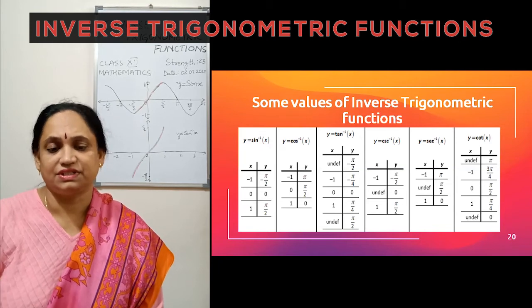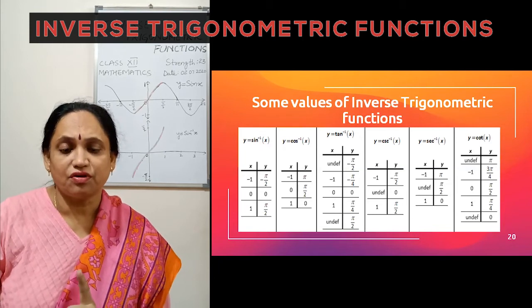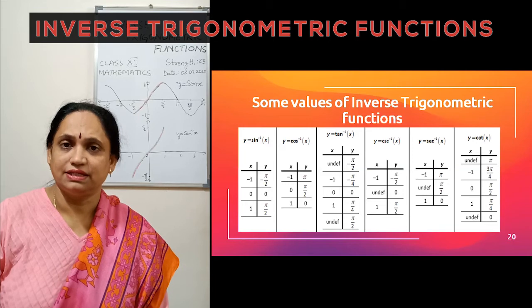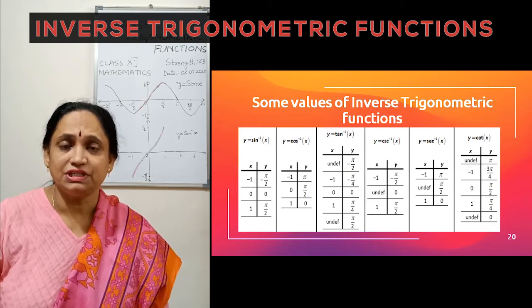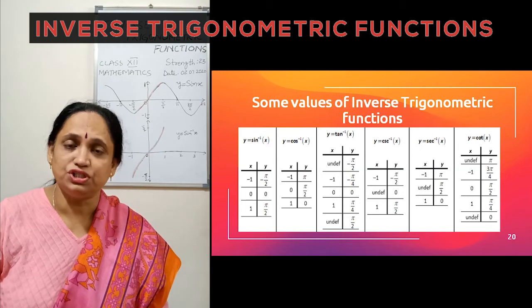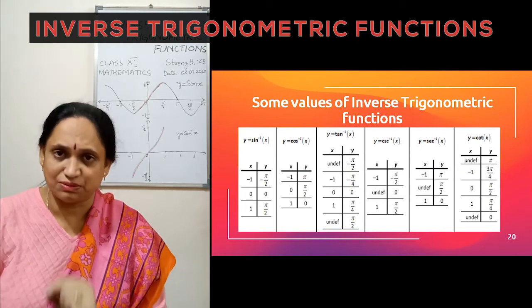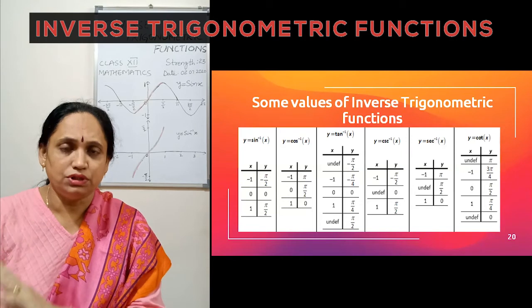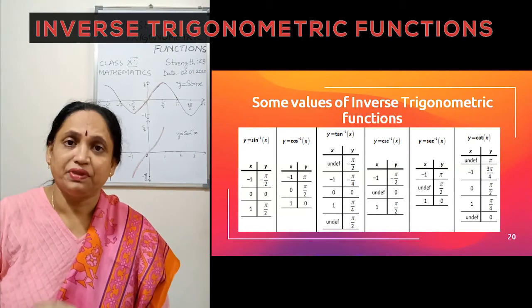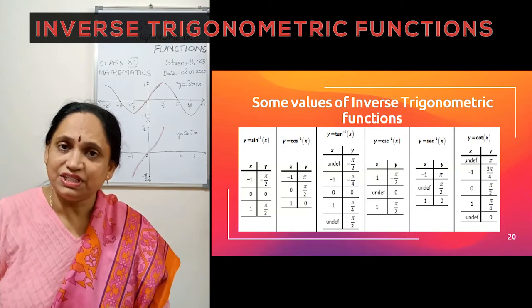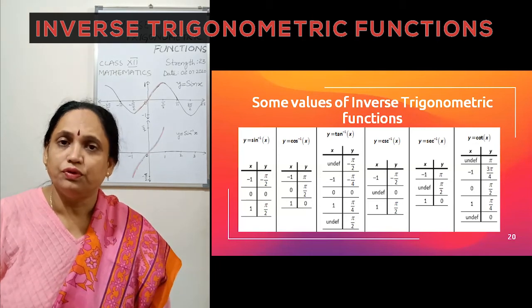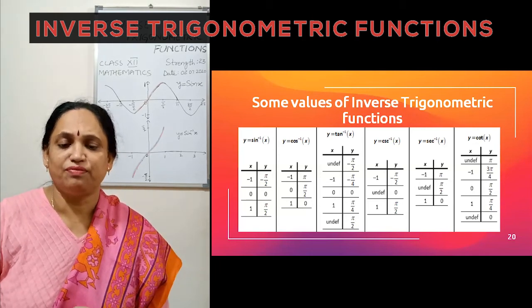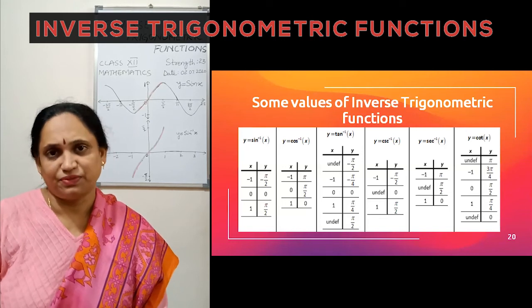Next, cosecant inverse. Cosecant inverse of -1 is, you remember the principal value branch of cosecant inverse? It is lying between the closed interval minus pi by 2 to plus pi by 2, except 0. So that means if it is a negative number, it has to be an angle below. So cosecant inverse of -1 is equal to minus pi by 2.